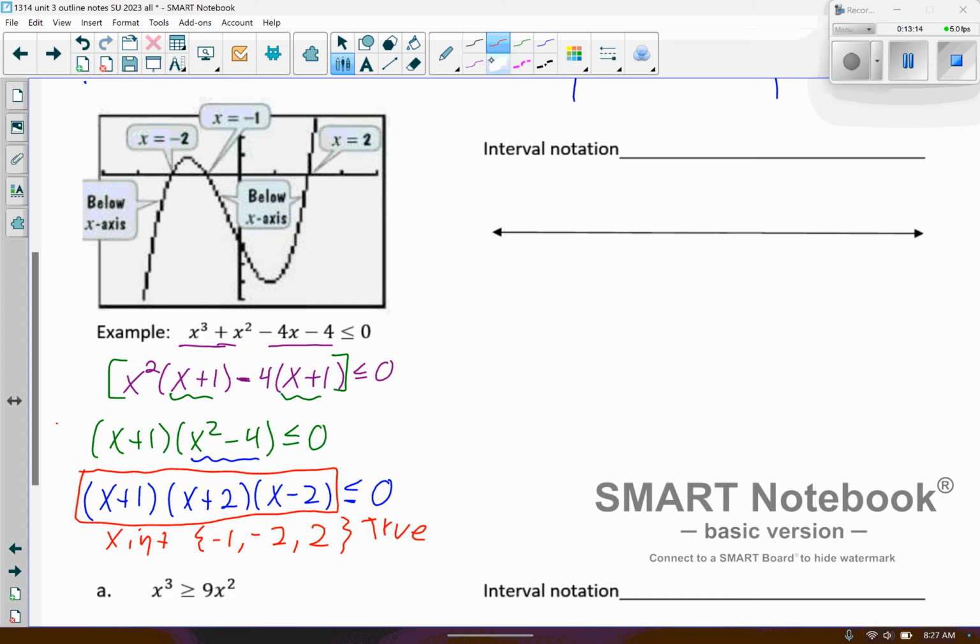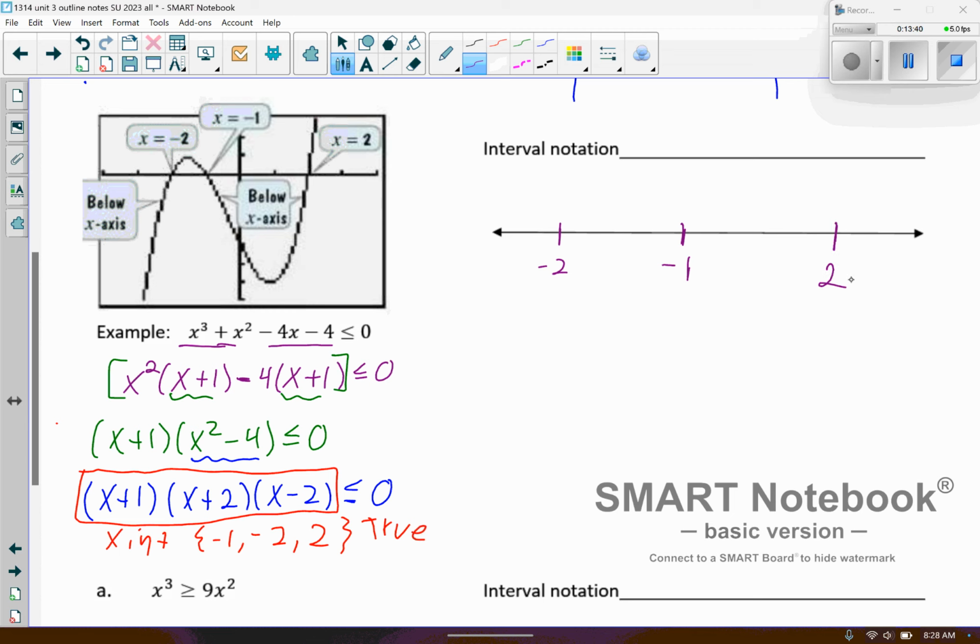So now what I have to do here is put these numbers on my number line. We want to go in numerical order and try to space them out a little bit so you can do the math to check your subintervals. So I'm going to put -2 right here, and I'm going to put -1. I got to space it out a little bit because I got to have some room to do some math in the middle. And then we'll put +2 over here.